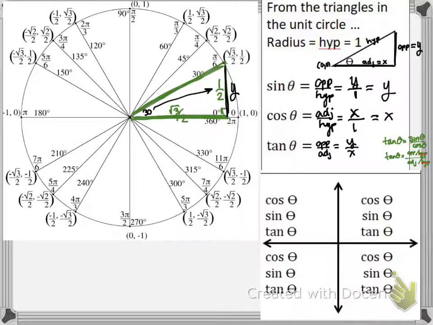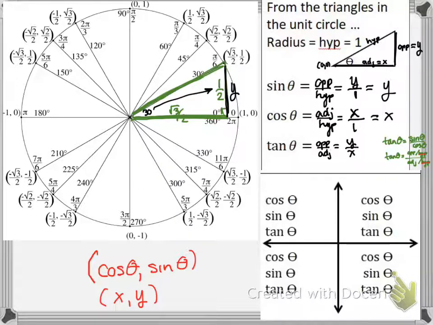Okay. Let's look at what's positive, what's negative. For each point, the cosine theta is the x part of it, and the sine theta is the y part of it.